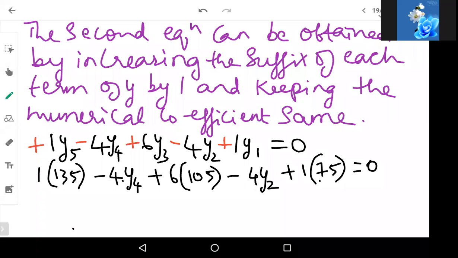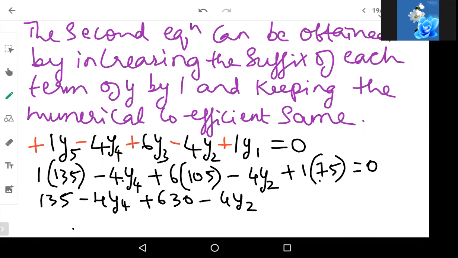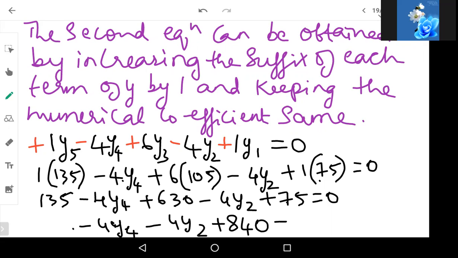Now 1 into 135 is 135, minus 4y4, plus 6 into 105 is 630, minus 4y2, plus 75 is equal to 0. So now you have minus 4y4 minus 4y2, and if you add and subtract all the numbers, you will get plus 840 is equal to 0.